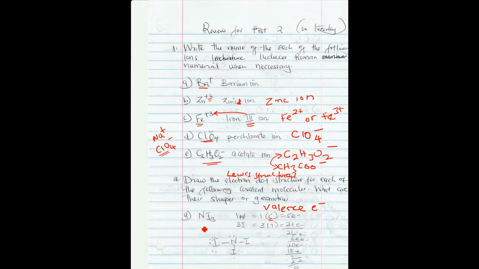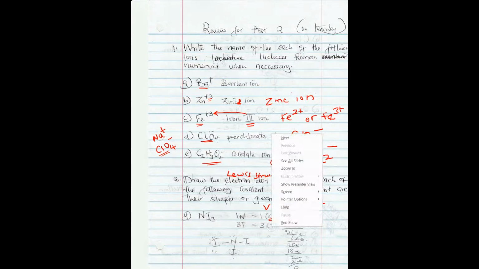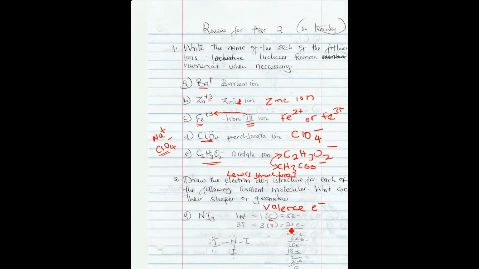Each iodine brings 7 electrons because iodine is in main group 7 of the periodic table. Remember how we counted the columns? You skip the transition metals, then you continue counting the columns. Iodine, fluorine, chlorine are all in main group 7, so they have 7 valence electrons. You have 3 of them, so it's 21. You sum them up, it's 26.